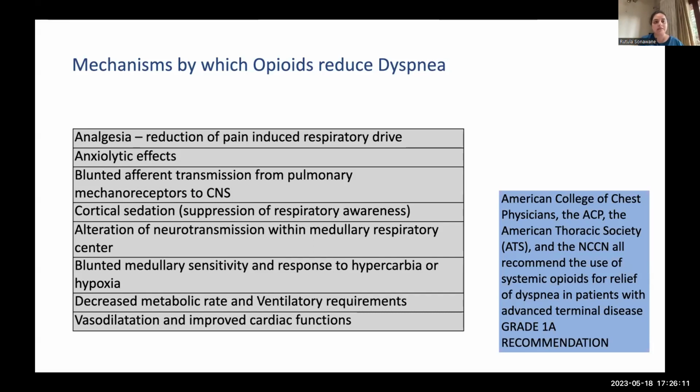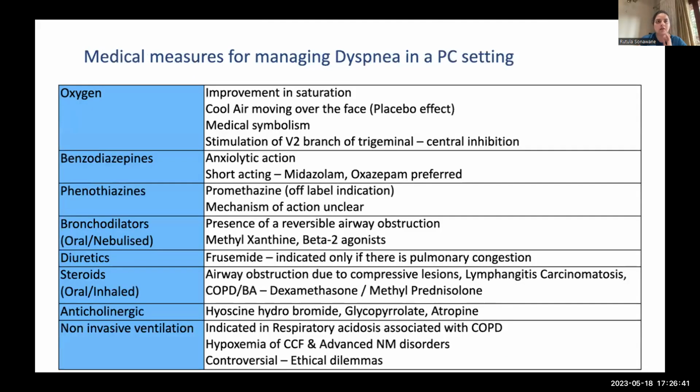It also has a cortical sedative property. It alters the neurotransmission within the medullary respiratory centers, which blunts the medullary sensitivity and response to hypercarbia and hypoxia. It also decreases the metabolic rate and ventilatory requirement. And because of the vasodilatory effect, it improves cardiac function, so it helps reduce breathlessness via that mechanism as well.